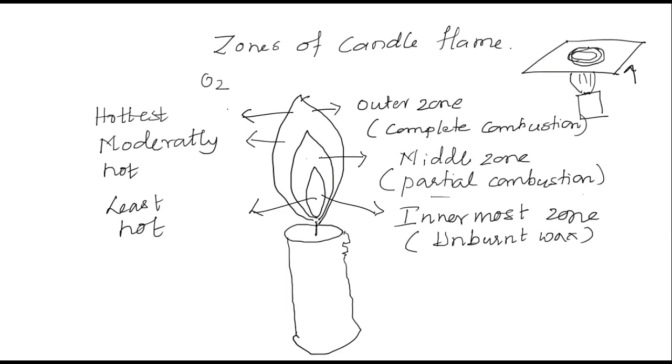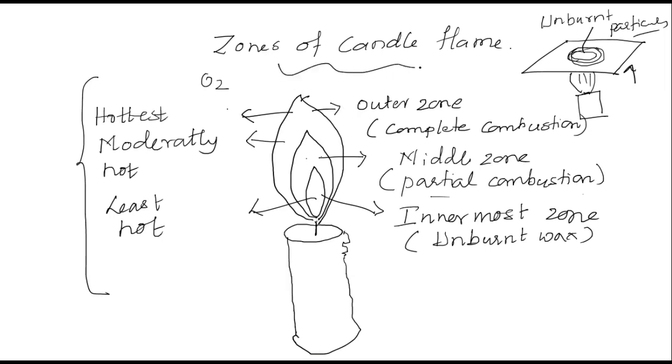And what do these carbon rings suggest? These are the unburnt particles. So this is the answer you should draw and label properly for the question, draw zones of candle flame. That will carry 4 marks.